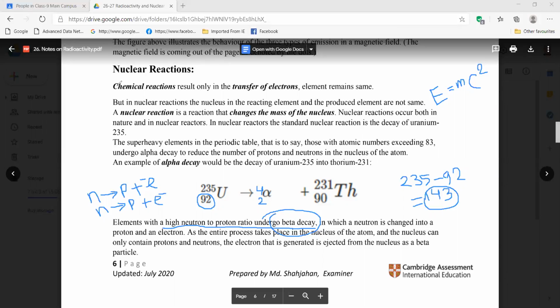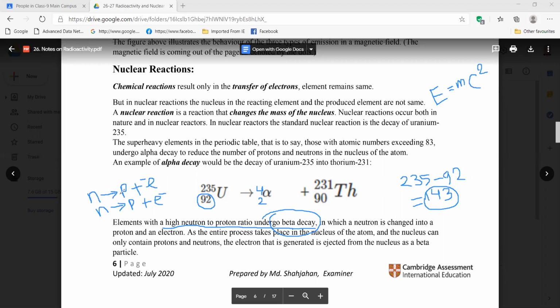Here is a basic. You see how the alpha is coming, right? Alpha comes when a neutron has a proton and electron, and they undergo change. Look, alpha is coming.